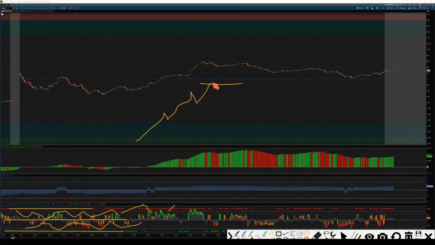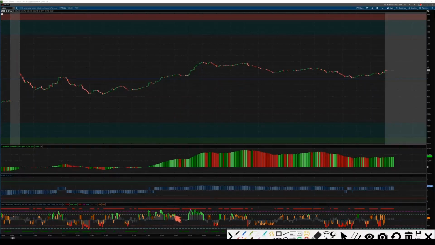Instead of participating here, it is better to wait for it to come back into the regular level. That means the market in this area is already so extended that we may need a pullback before the continuation. So this prevents you from buying on very overextended pricing.